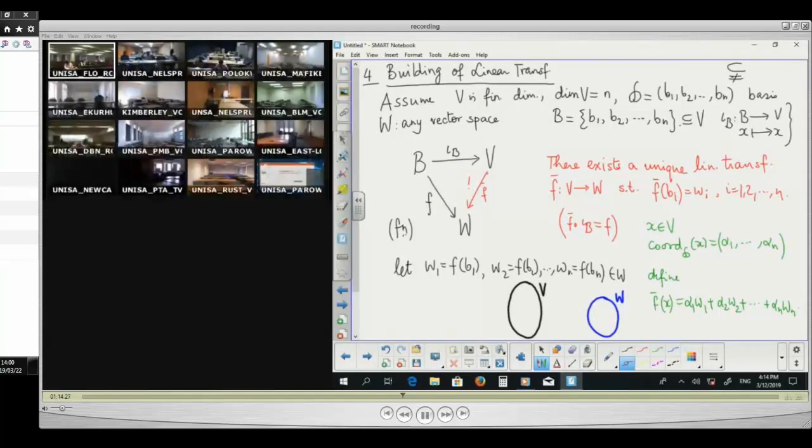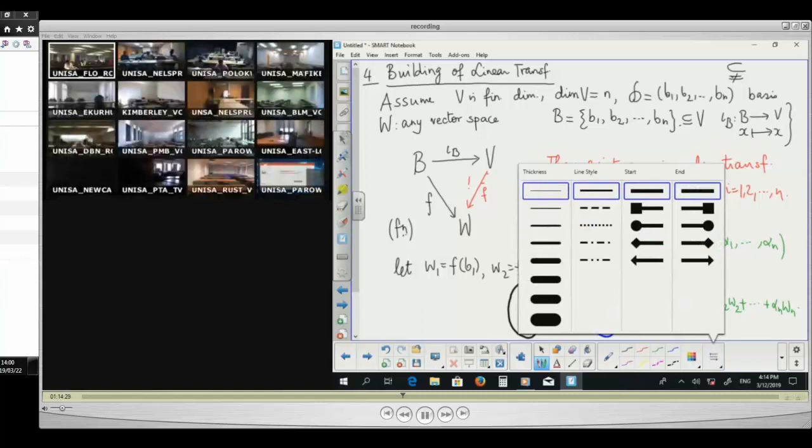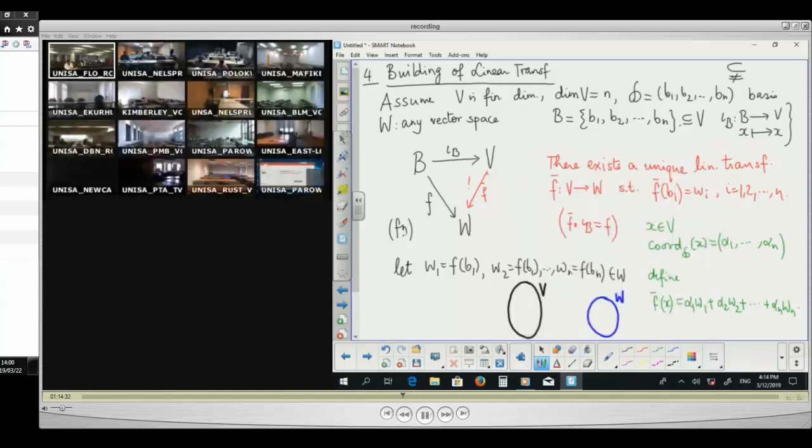If you give me any function from here to here, this function extends to a linear function from here to here. So this extends to all of V. You've just given me this on this little subset, right? But it extends now to all of V.